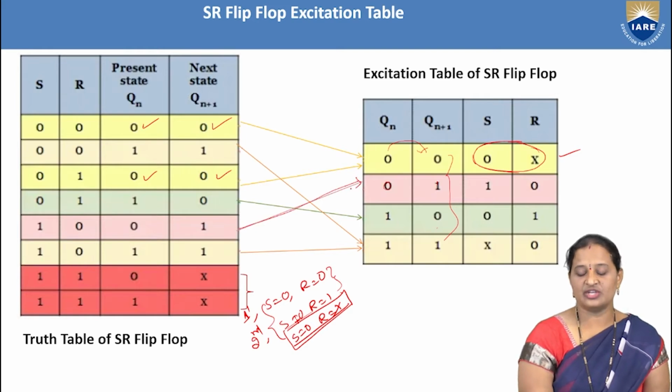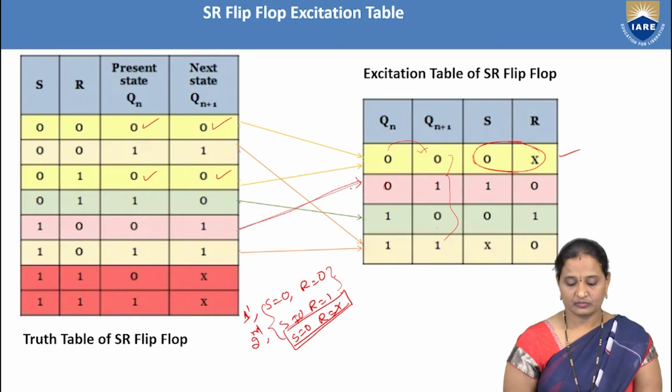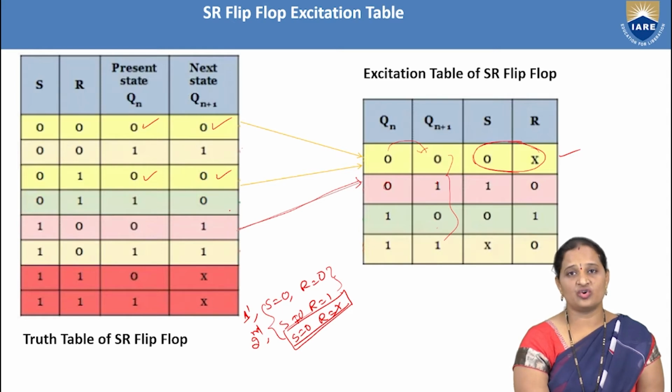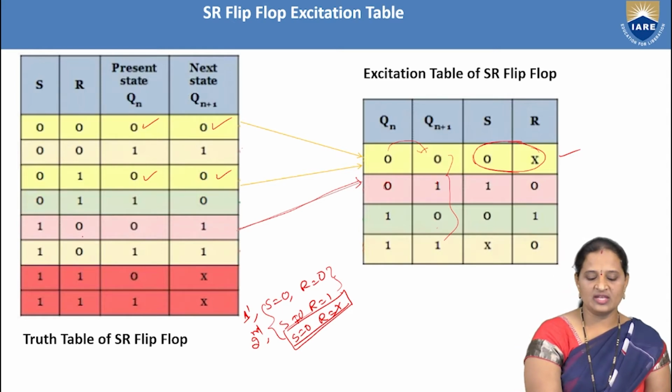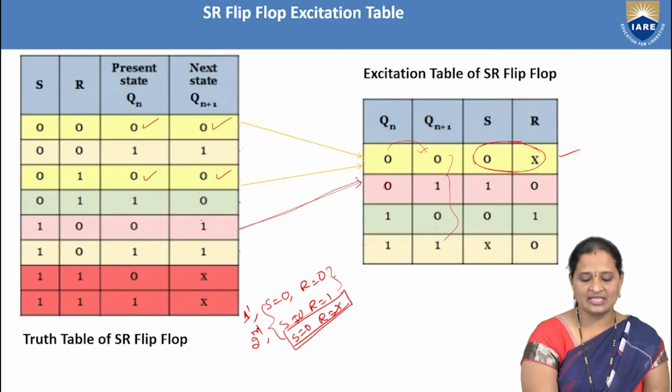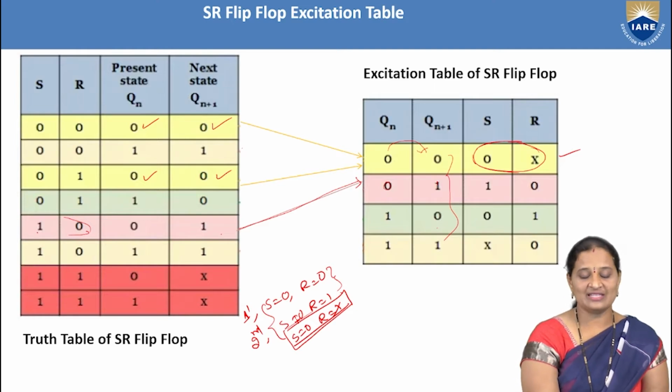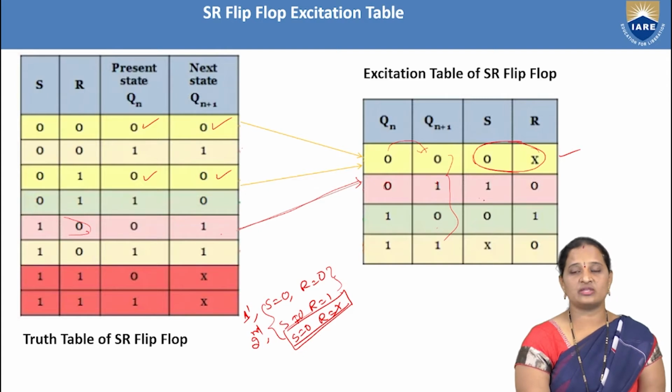This is having a 0 to 1 transition. No other combinations have a transition of 0 to 1 if you observe the truth table. So only this combination of S and R leads to present state 0 and next state 1, wherein S is equal to 1 and R is equal to 0. That is why the second row of this excitation table is filled with S is equal to 1 and R is equal to 0.